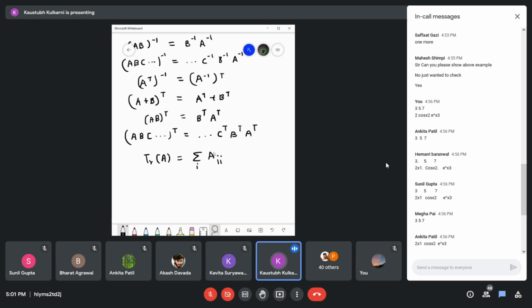Then eigenvalues, eigenvectors, you know. Then determinant. We know how to find the determinant, and this has all been covered in the previous term. So let's say A is 2 cross 2, then the determinant is a11 a22 minus a12 a21.